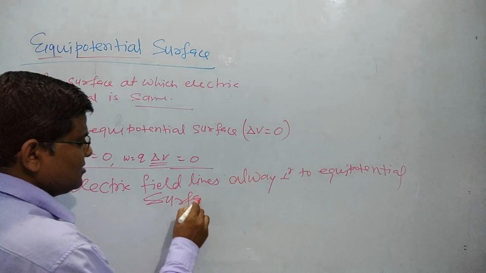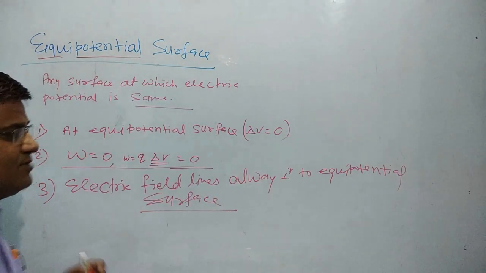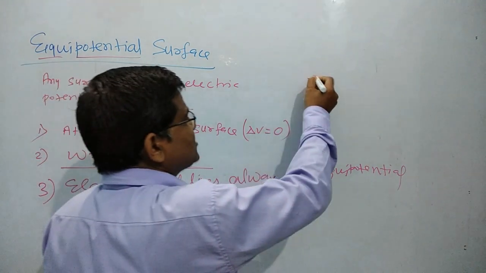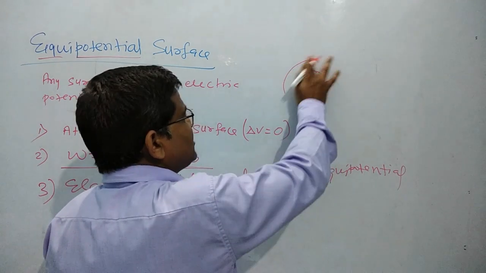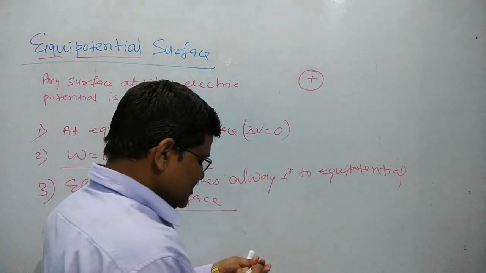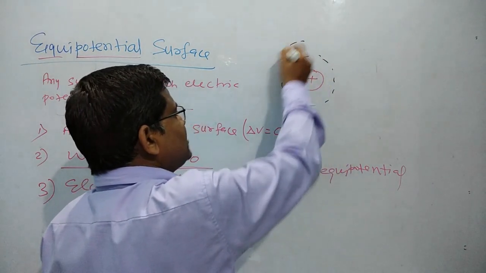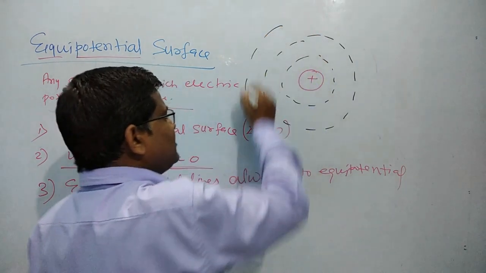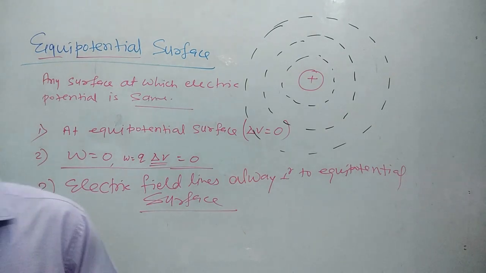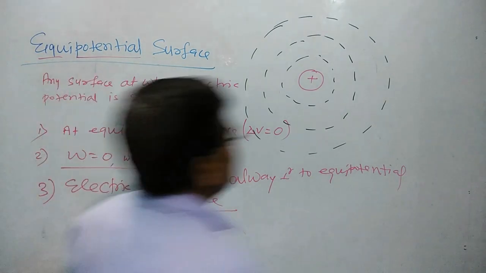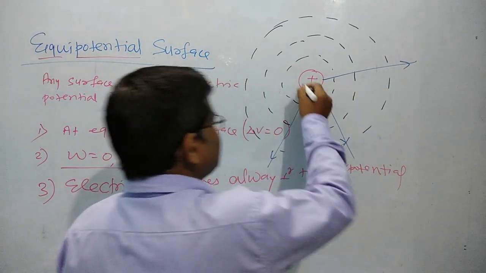This means if you draw the equipotential surface for an individual, isolated plus charge, then the equipotential surfaces are like this: concentric spheres.